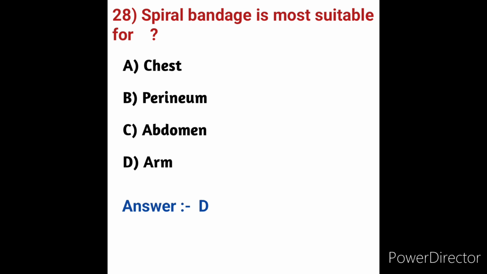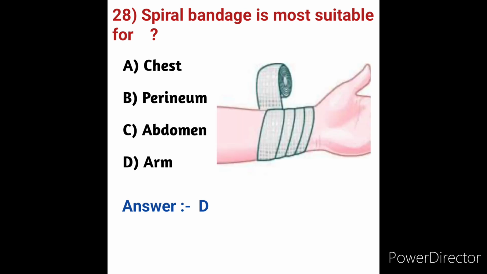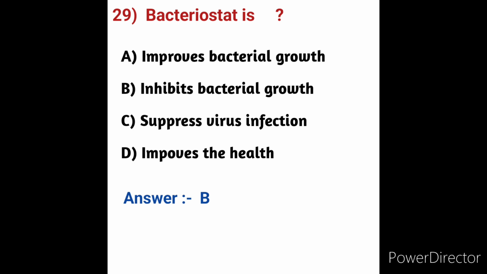Spiral bandage provides support for damaged muscle tissues, decreases the infection, and increases the wound healing. Here the spiral bandage is most suitable for the cylindrical part, option D, arm. Arm is the correct answer. Here we can see the spiral bandage.